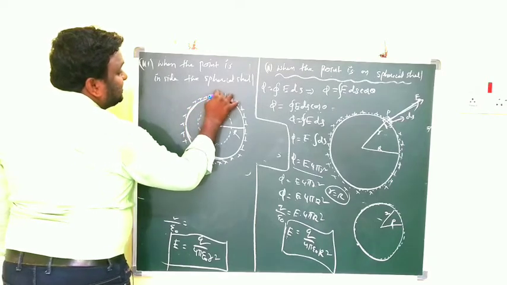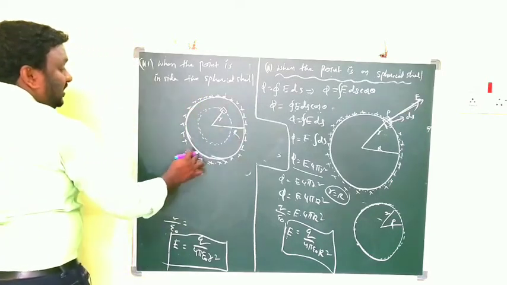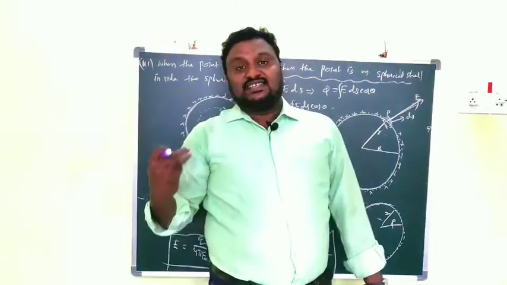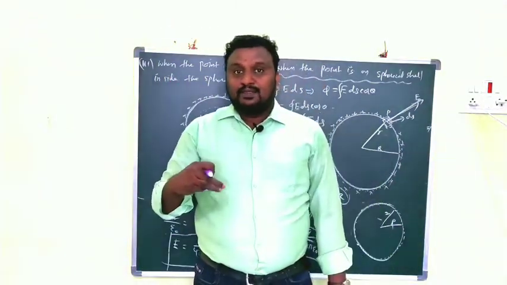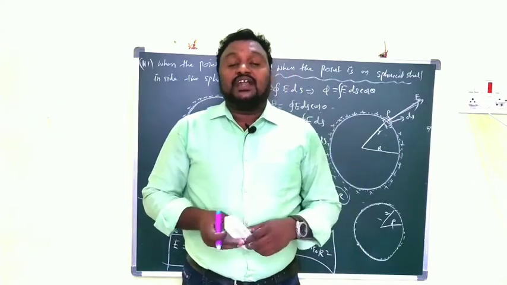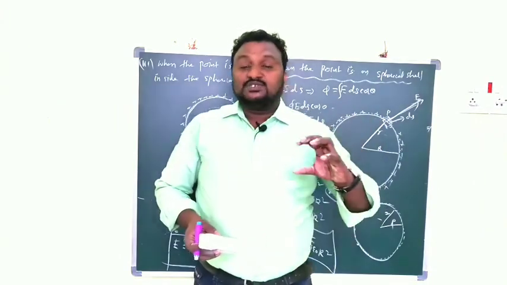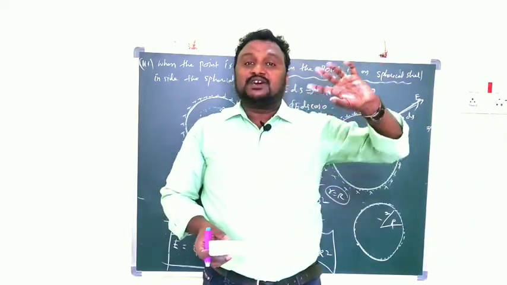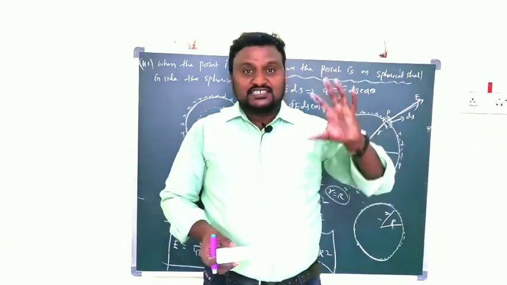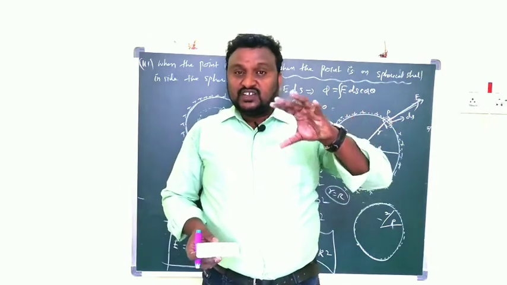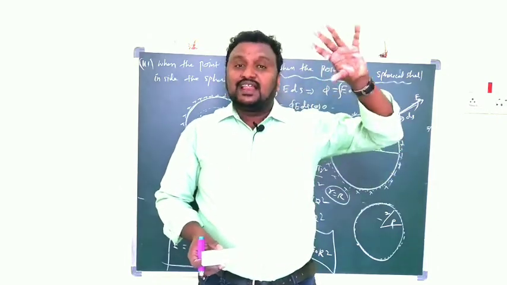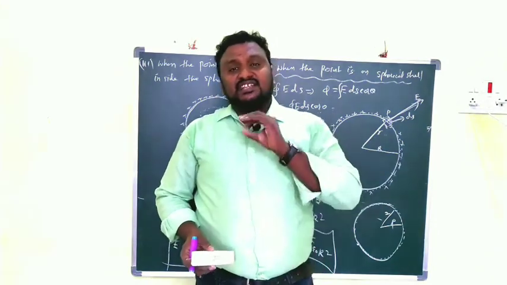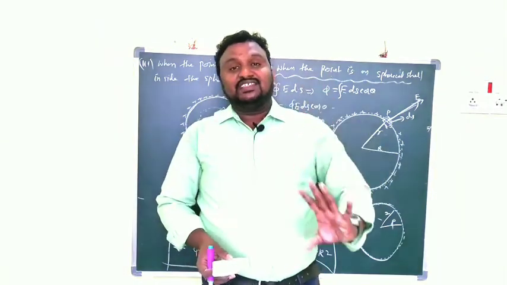The point is inside the shell. So the charge is distributed over the spherical shell only, not inside the shell. That means there is no net charge inside the shell.